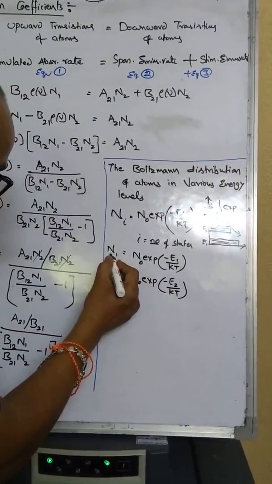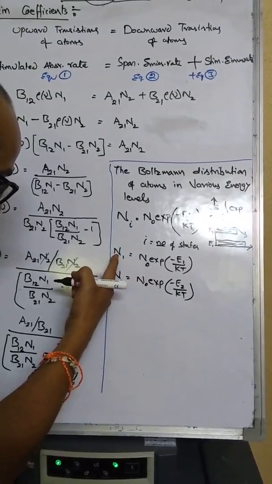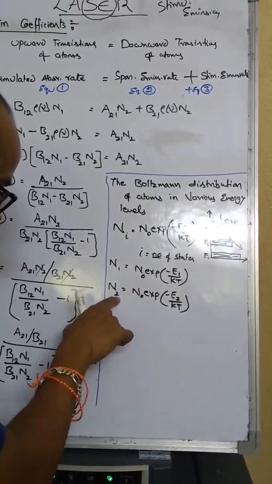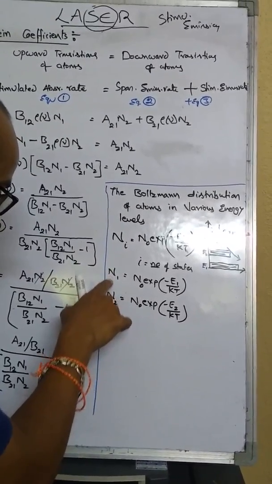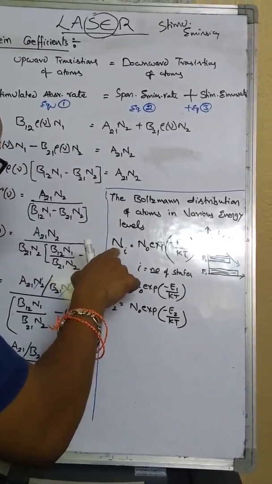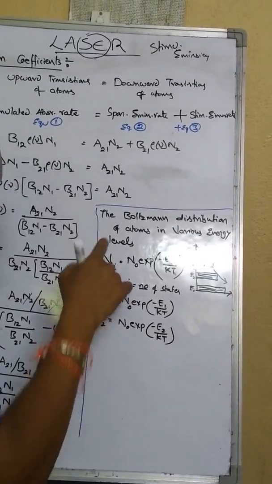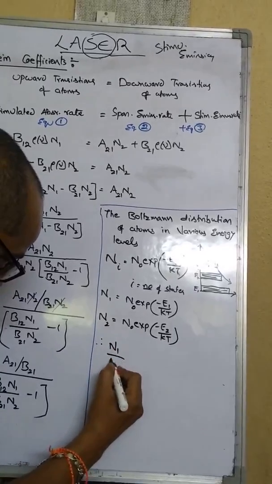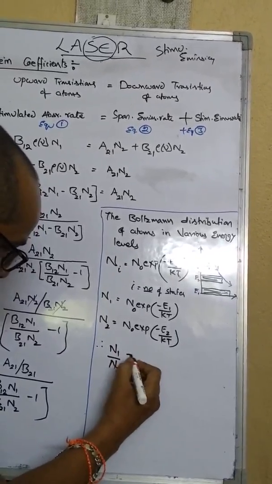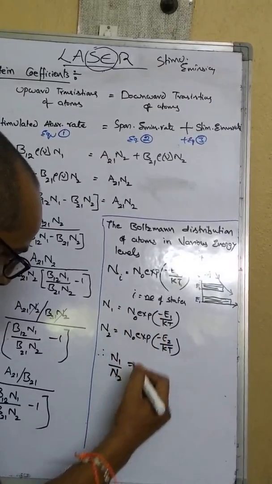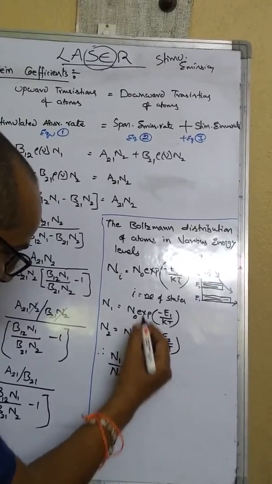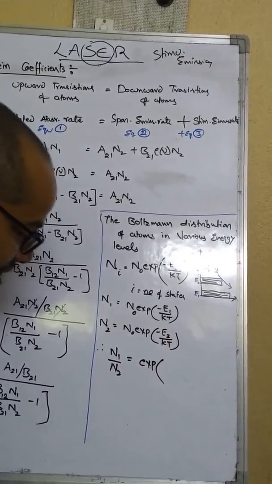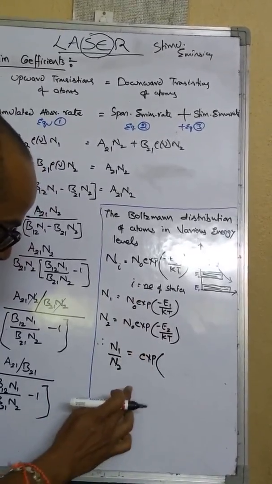Now I have calculated the N1 and N2 values. N1 is the number of atoms in the ground energy level, and N2 is the number of atoms in the higher energy level. I calculated N1 and N2 with the help of the Boltzmann distribution law. Then, if I take the N1 by N2 ratio, N0 will be cancelled, and the exponential, here you be a little cautious, will be common.